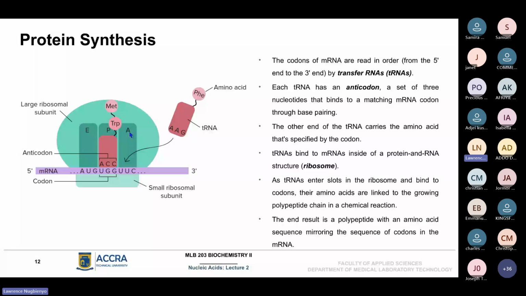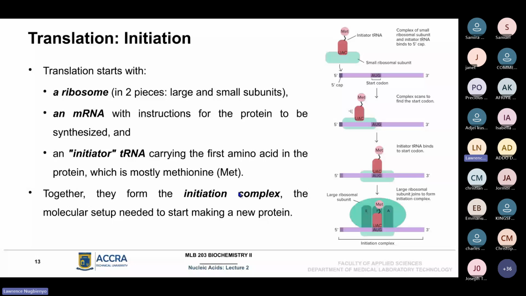So this is the amino acid site where the transfer RNA brings the next amino acid to bind to the ones that are already there, to continue the formation of peptide bonds between the amino acids to form a peptide that can become a big protein in the end.